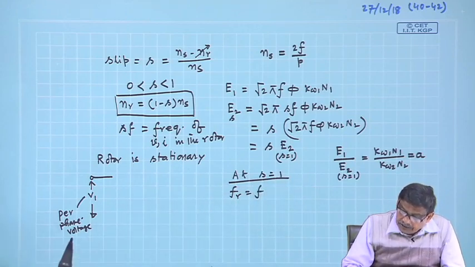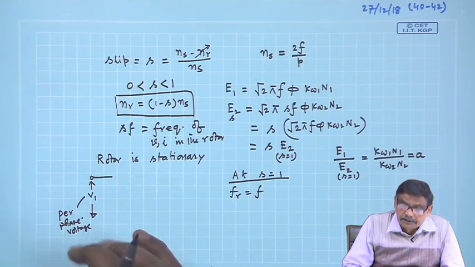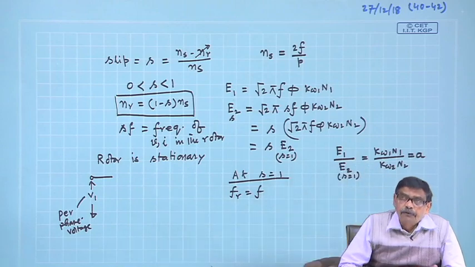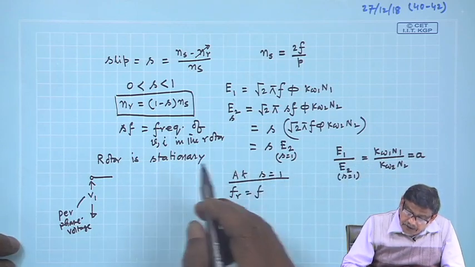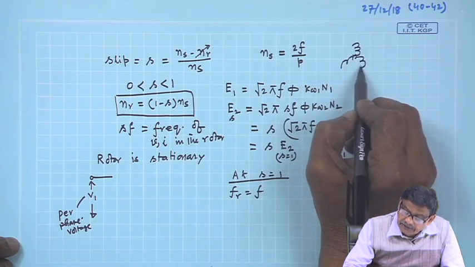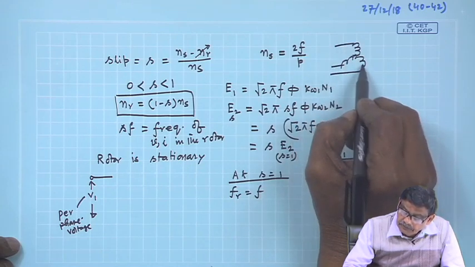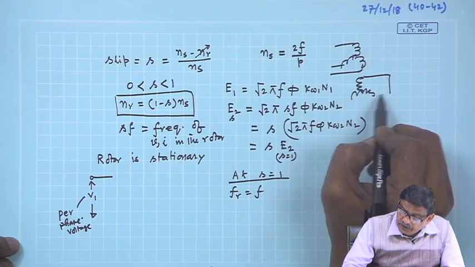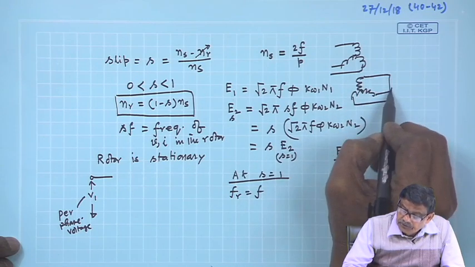Therefore, it looks like at s equal to 1 at least, this is just like a transformer, because you have energized the primary with a 50 hertz source and the rotors are shorted, yet to start.